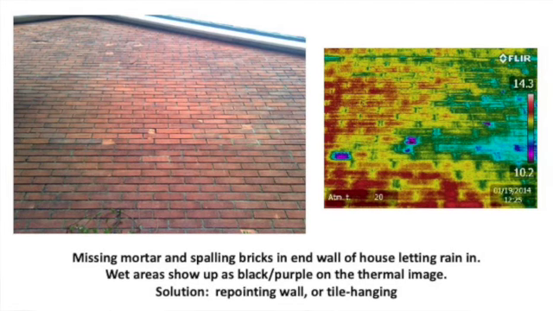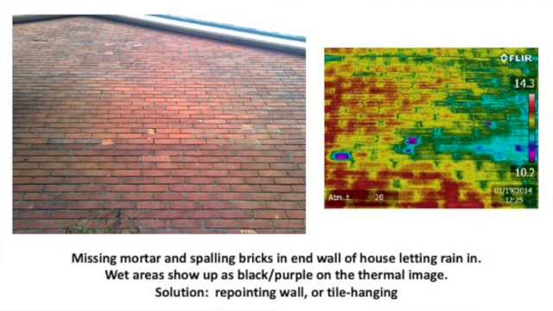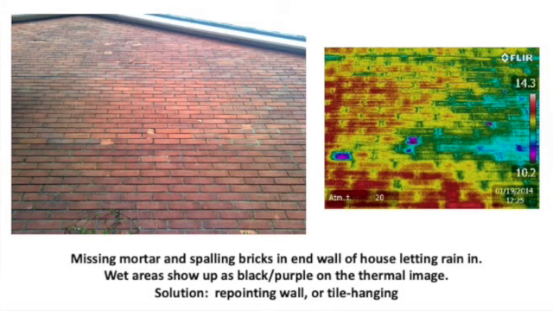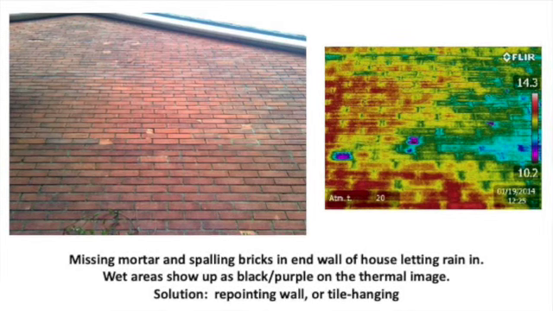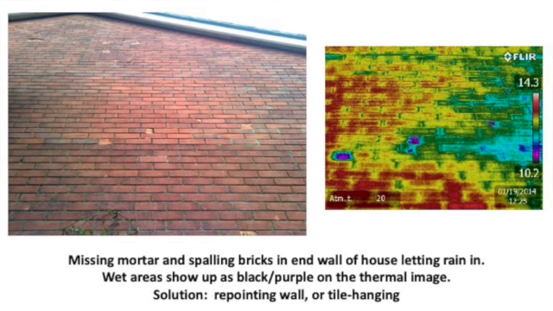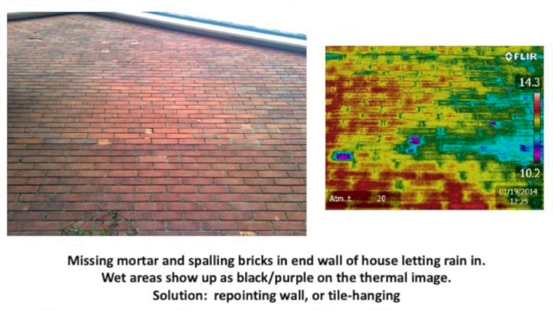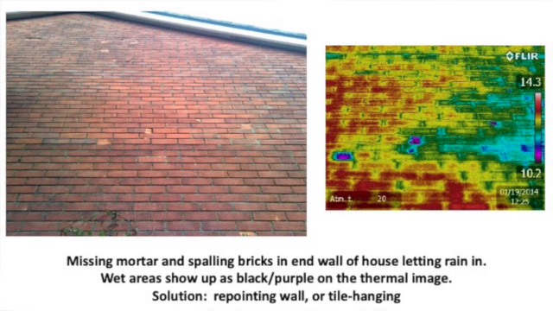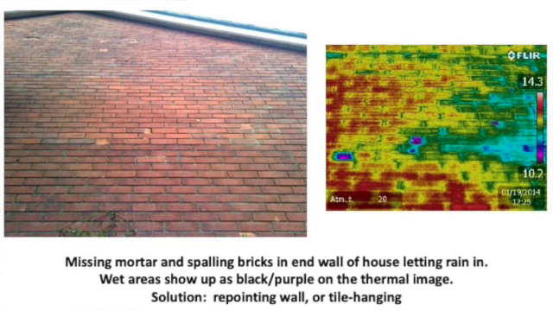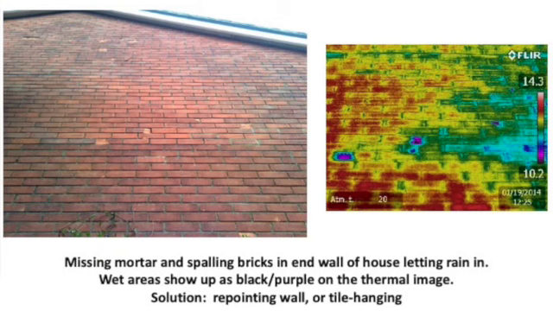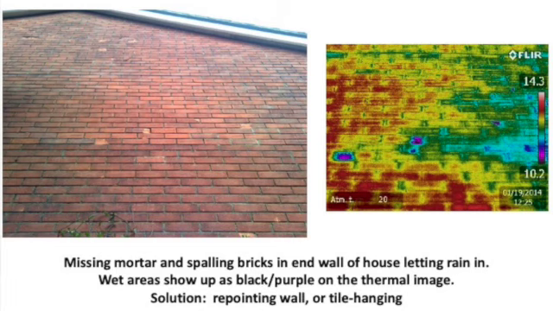This was going to need major repair work, possibly repointing, but the damage to the bricks and mortar was so extensive that tile hanging was probably going to be the best option to weatherproof the wall. If you find any signs of water ingress when thermal imaging your home, you should act promptly to get these issues resolved, and make sure you only ever use an experienced and reputable roofer or builder.